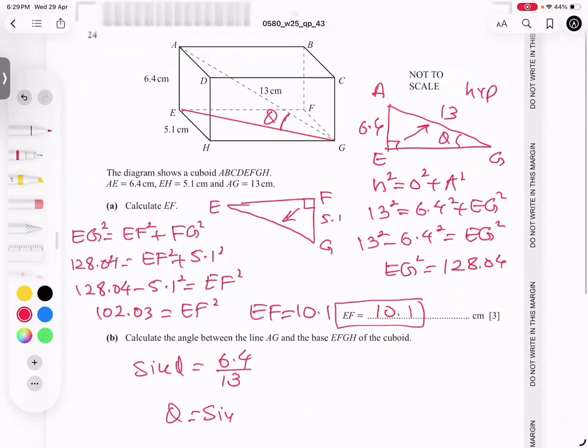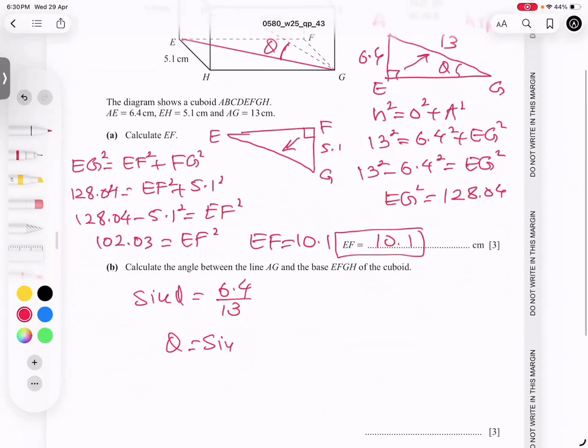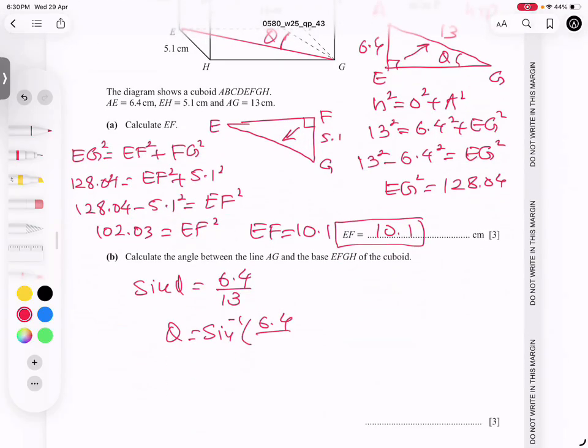Let me check again. The question says the angle between AG and the cuboid base EFGH. EFG, correct. Okay, just confirming, because sometimes he changes the base. Now I'm typing sine inverse in the calculator.